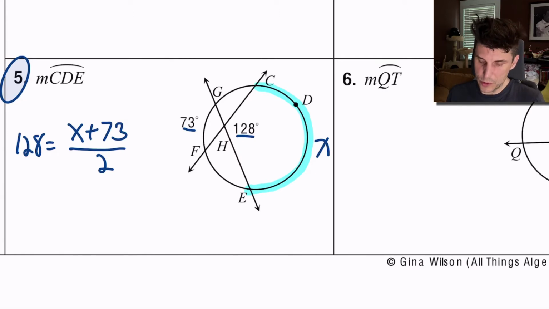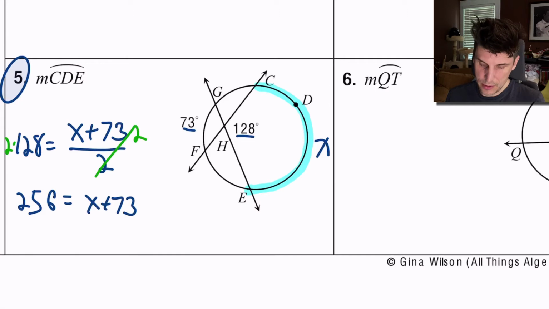The first thing we could do is multiply both sides by 2. That's why I like to write it this way, because it almost feels like a proportion. So 2 times 128 is 256, and that equals X plus 73.